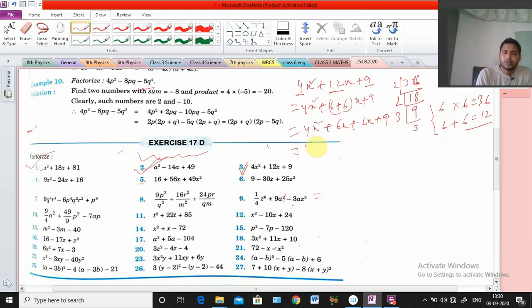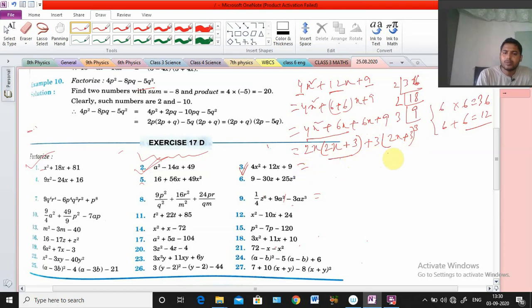Understood? Now take common what? 2x common. If we take 2x common, the remaining 2x will come and 3 will come. Plus 3 common, 2x plus 3.